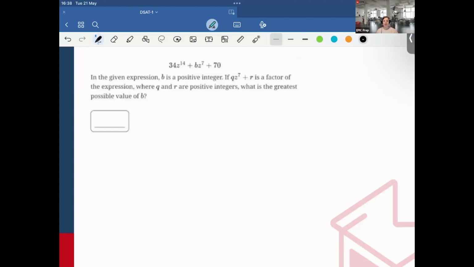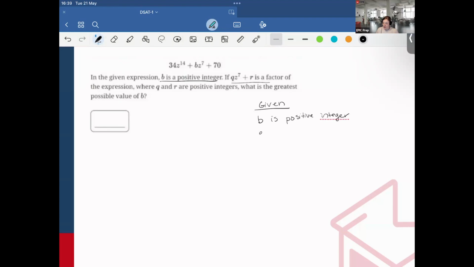Just to be methodical with this problem, let's look at what's given. I know b is a positive integer. These are facts that will help me.